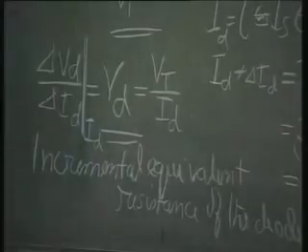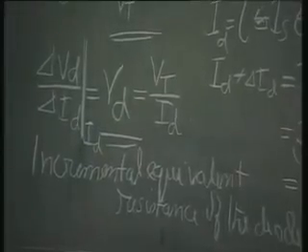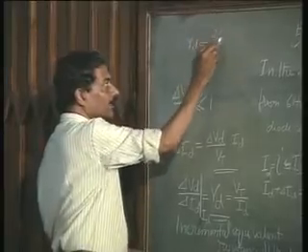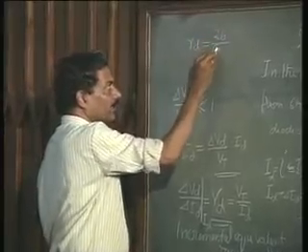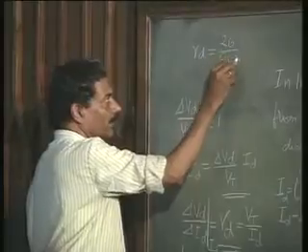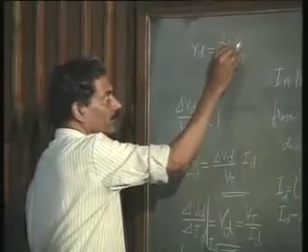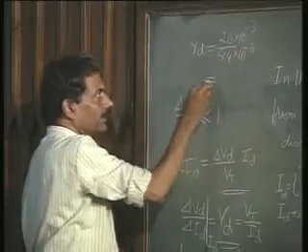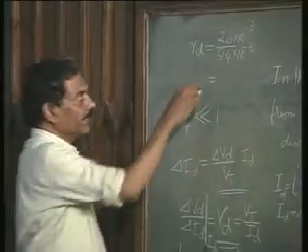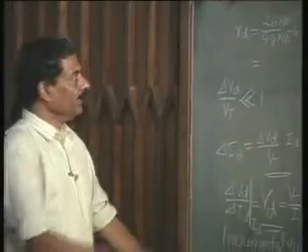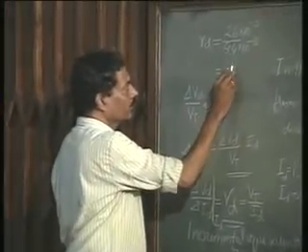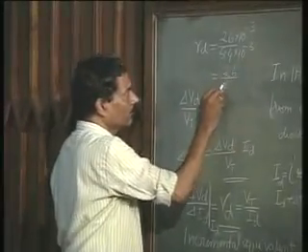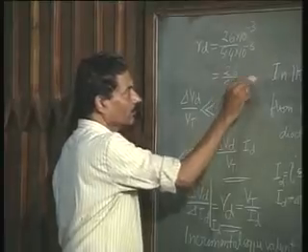So, we can find out the incremental equivalent resistance for the diode, Rd, as 26 millivolts by 5.4 milliamperes, which is nothing but 26 divided by 5.4 ohms.